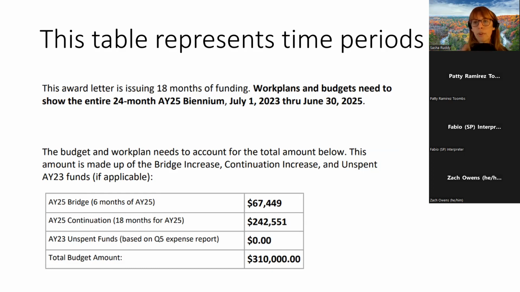It just needs to be broken out a little bit differently. So as an example, if your bridge period, which again is a time period, equals $67,449, you might be funded under commercial tobacco and modernization. So we would need to see budgets for those 2 program elements.